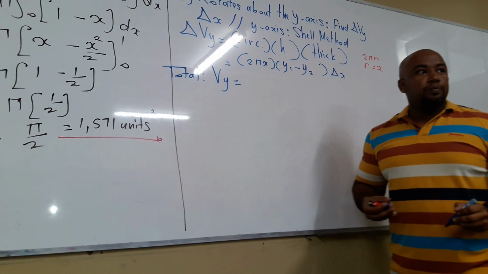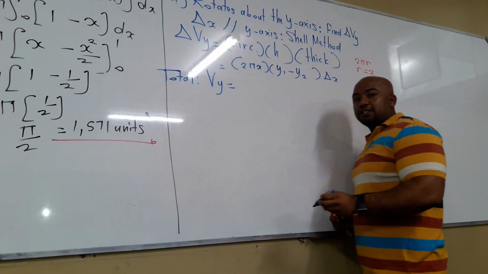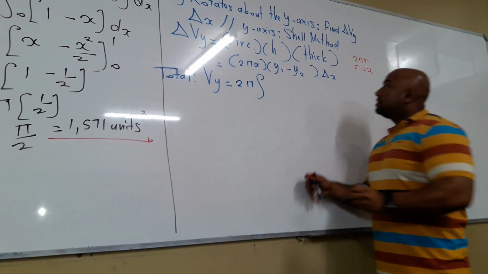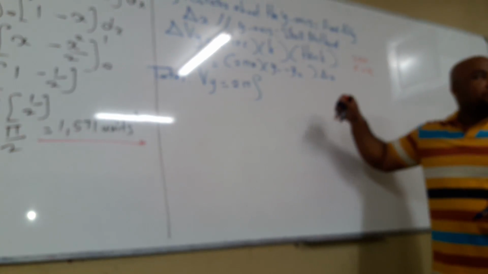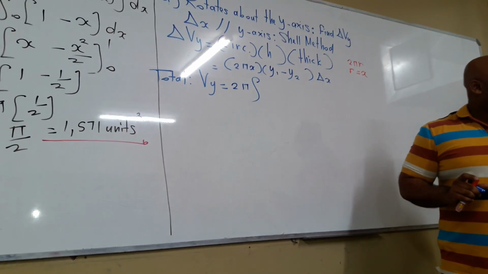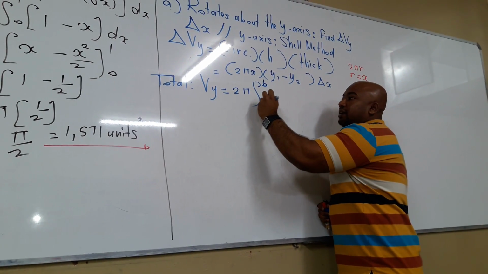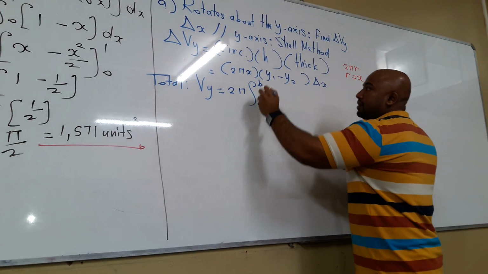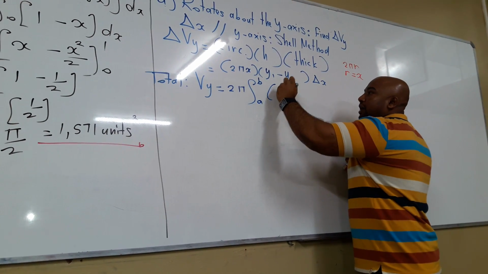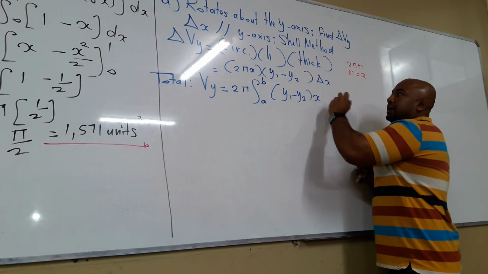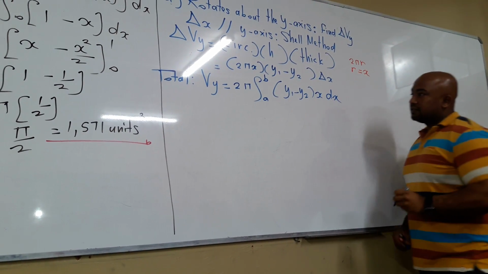Your constant 2 pi, write it in front of your integration sign. So there is your 2 pi. This is delta x, that means we are still integrating with respect to x. So we need the x values, which are b and a, which we already found. And we have y1 minus y2 multiplied by x, and there's your dx.